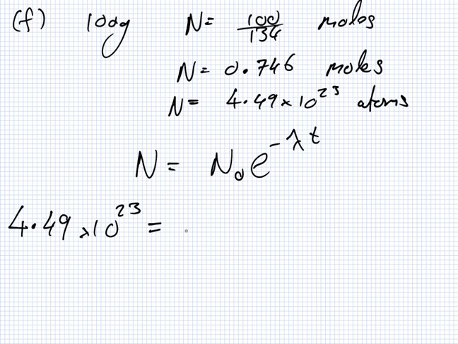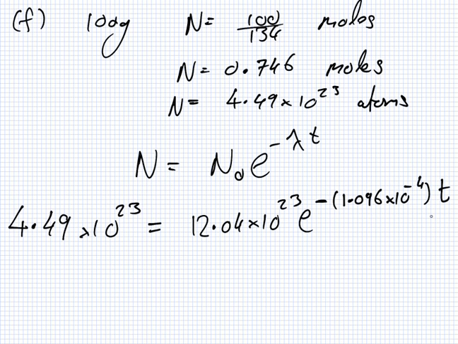What's the N0? 12.04 times 10 to the 23. What's the lambda? 1.096 times 10 to the power of minus 4. And here we want the time.